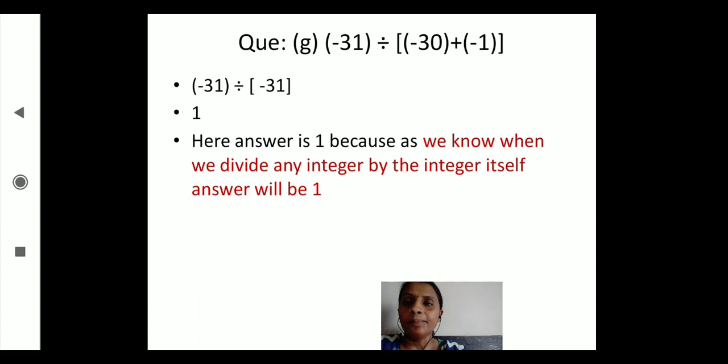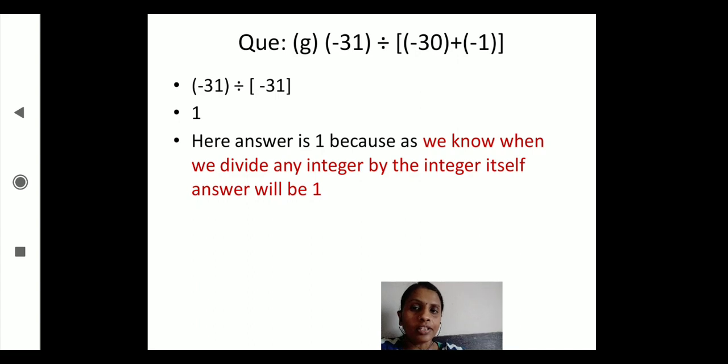Question G. -31 divided by (-30 + (-1)). As I said, first we will do the addition. So -30 plus -1 will be -31. Our second step is -31 divided by -31.